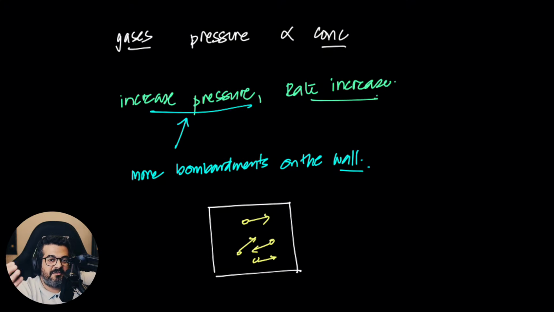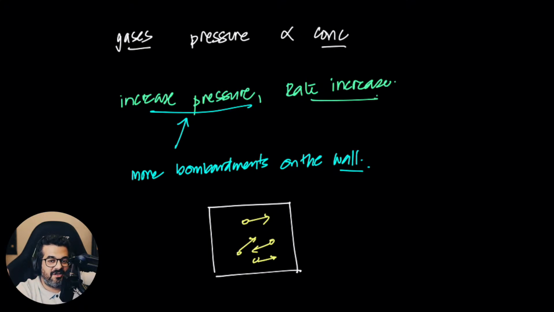What does that 1 atmosphere represent? It represents all the molecules of oxygen and nitrogen and all other impurities bombarding against the walls of your room and the ceiling. If the bombardments increase, the pressure increases. If the bombardments decrease, the pressure decreases. So bombardment along the walls is how pressure is created.